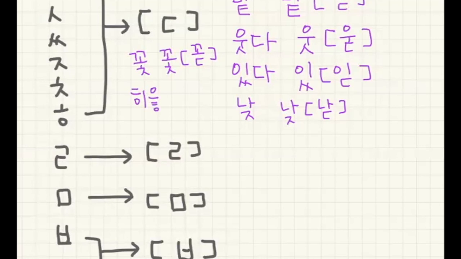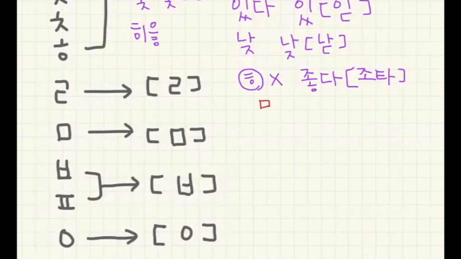Can you read this part first? He. And can you read this part? And with this one, he, ut. Can you read only this part? With the attached l sound, 물.